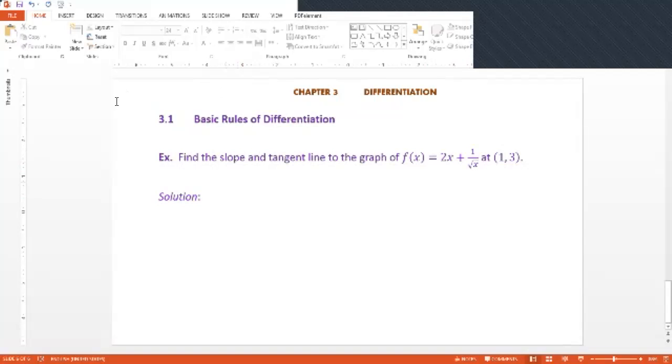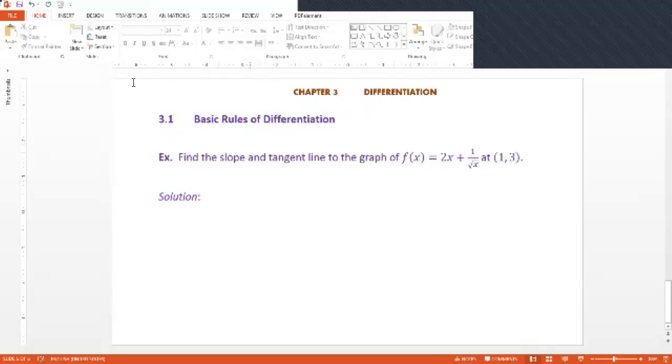This problem has to be solved in a couple of steps. First, we are asked to find the slope of the graph. By the slope of the graph, it means the slope of a tangent line to the graph of the function at this point, 1, 3.